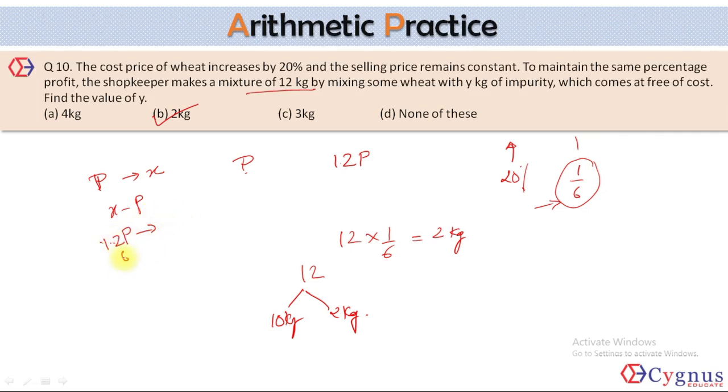That means 6 by 5 of P should give you X. That is only possible when this becomes 5X by 6. That means after selling that, P will be equal to only 5/6. That's why I said that 1/6 must be the impurity.